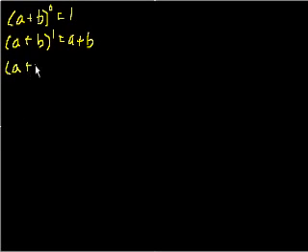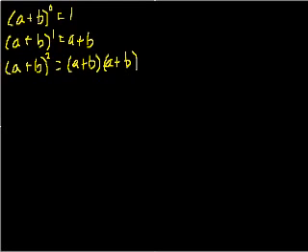(a + b) squared equals, and if you don't have a lot of practice doing this, you might be tempted to say a squared plus b squared, but you should correct yourself quickly and slap yourself on the wrist or the brain or someplace if you did that, because that's (a + b) times (a + b). And then we could use the distributive property, or if you learned it this way in Algebra 1, you could use the FOIL property.